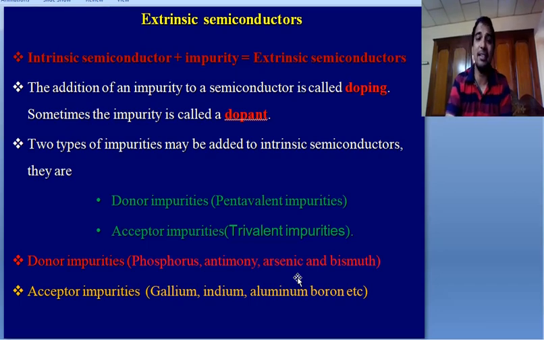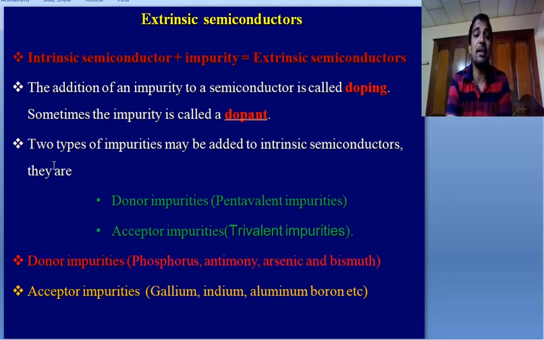How can I get them? By adding impurities. Intrinsic semiconductor plus impurity is equal to extrinsic semiconductor. Extrinsic semiconductor means impure, not a pure form of semiconductor. Adding impurities to the semiconductor is known as doping. The material you are adding is called the dopant.